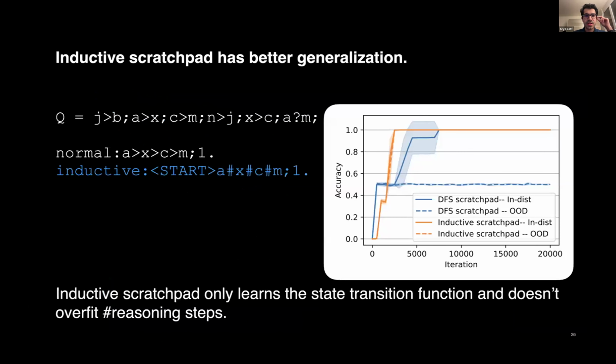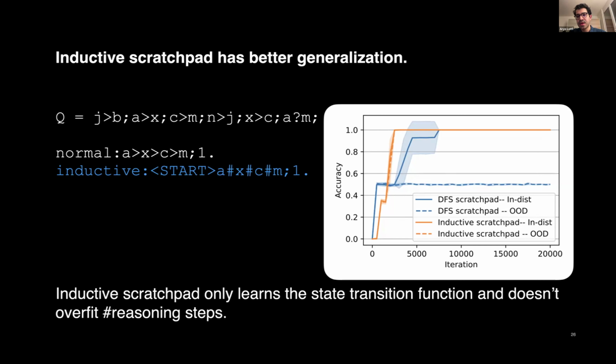And so the Inductive Scratchpad has better OOD generalization. For example, we tried it on the cycles task that we saw a few minutes ago. As you can see, the format of the normal Scratchpad and the Inductive Scratchpad for this task are not that different. They're quite similar, it's just the introduction of these new tokens.